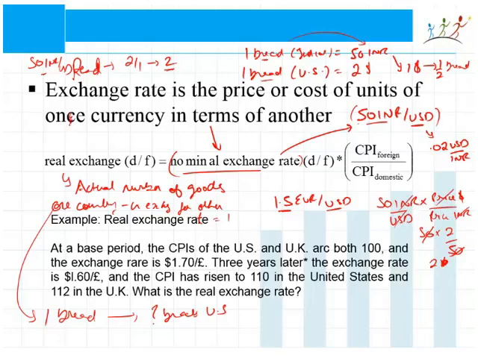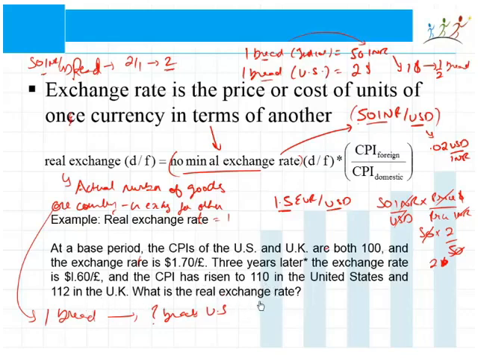So we'll do another example and understand. At a base period, the CPIs of the US and UK are both 100 and the exchange rate is $1.7 per pound. 3 years later, the exchange rate is 1.6 and the CPI has risen to 110 and 112.